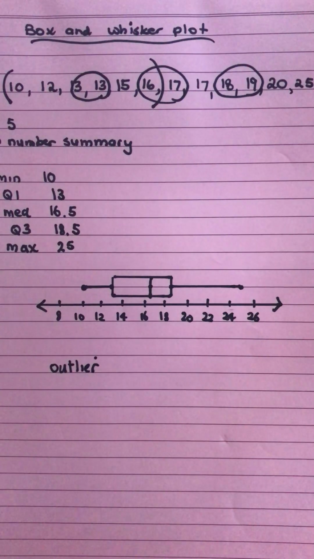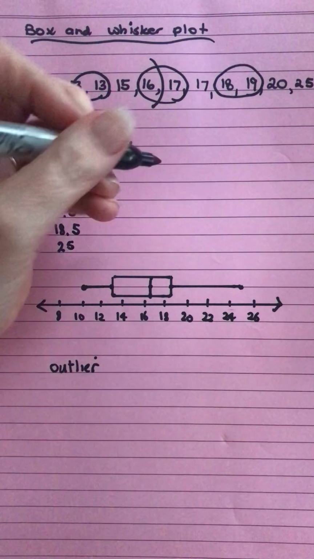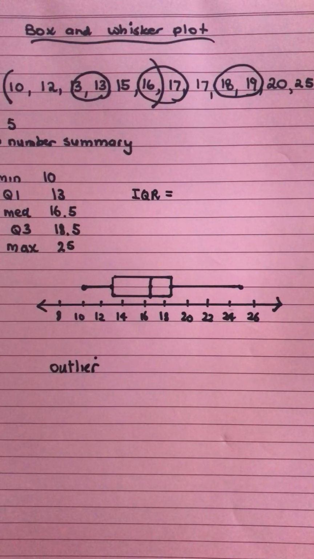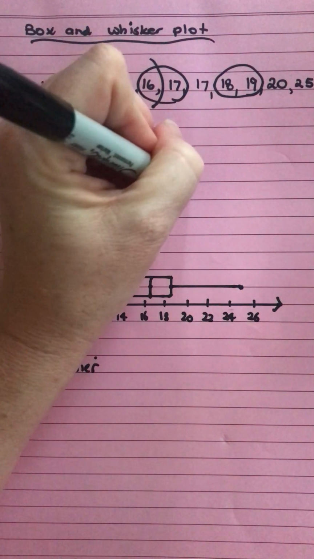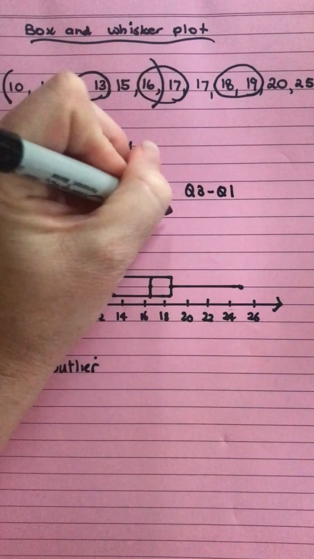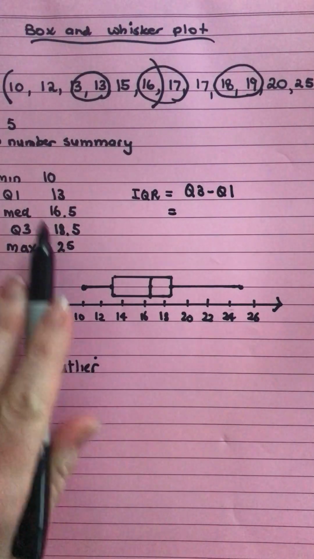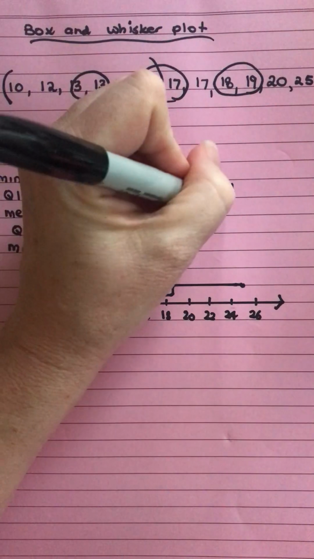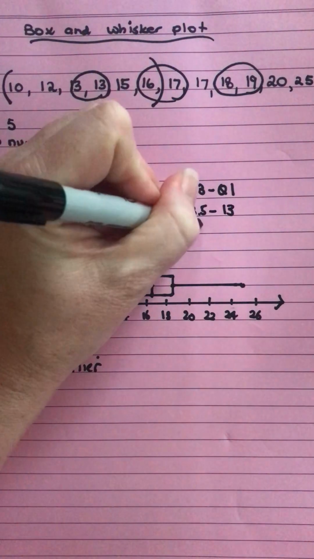The way that we will check for that is by using our interquartile range and adding or subtracting that from the Q1 and Q3. So first I need to find out my interquartile range, and that's when I do Q3 take Q1. So when I do Q3 take Q1, I have 18.5, and I'm taking away 13. So I get 5.5.